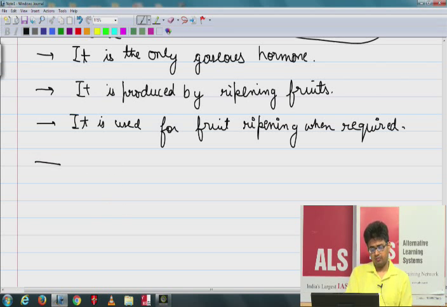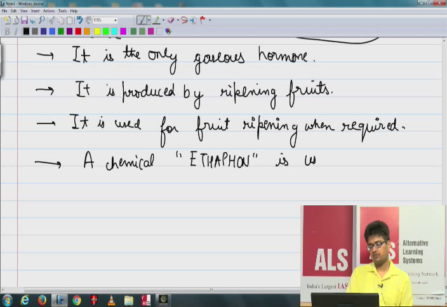So there is a chemical called ethephon. The brand name of the chemical is ethephon. It is used in artificial ripening. This question is asked. That is why I am labeling it.